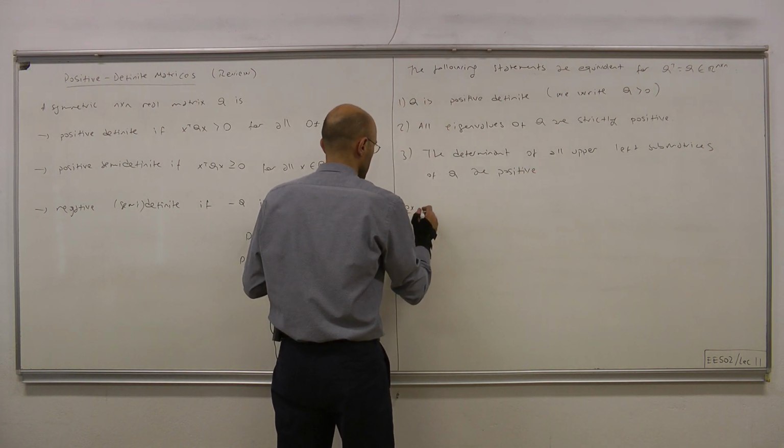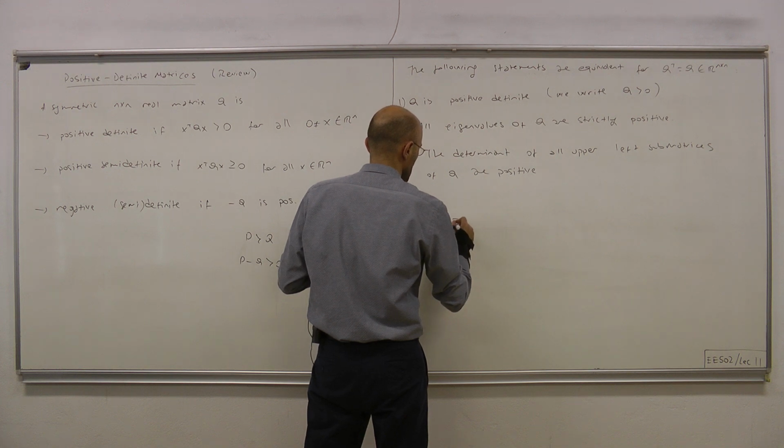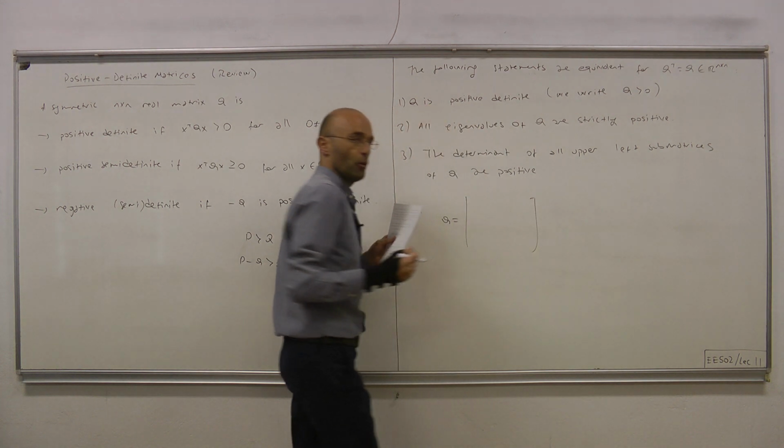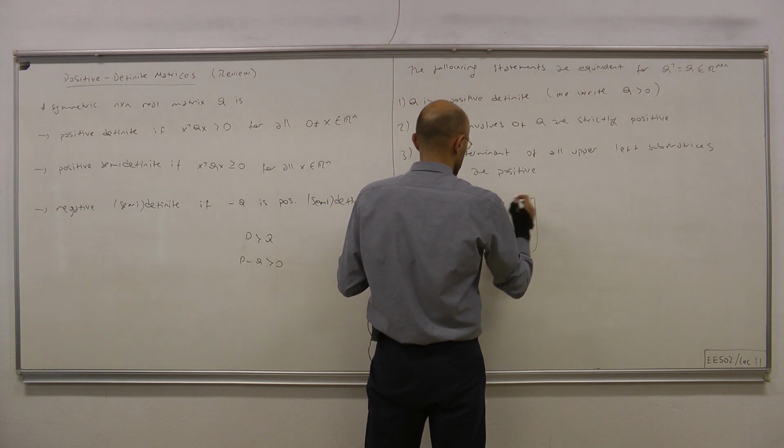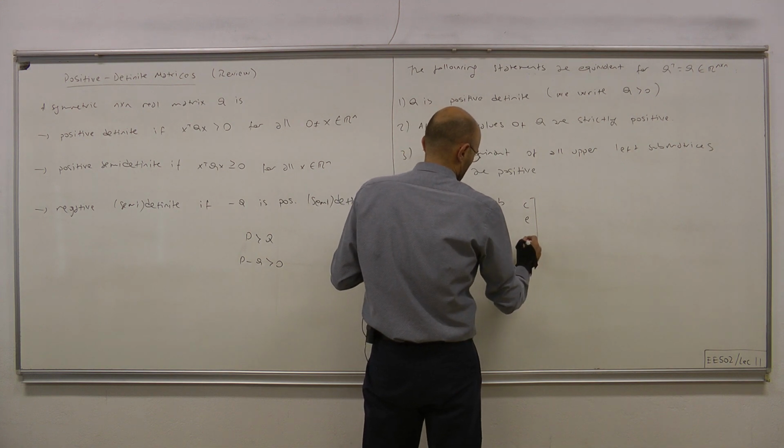What we mean by that is the following. Suppose Q is the following 3 by 3 matrix: A, B, C, D, E, F.